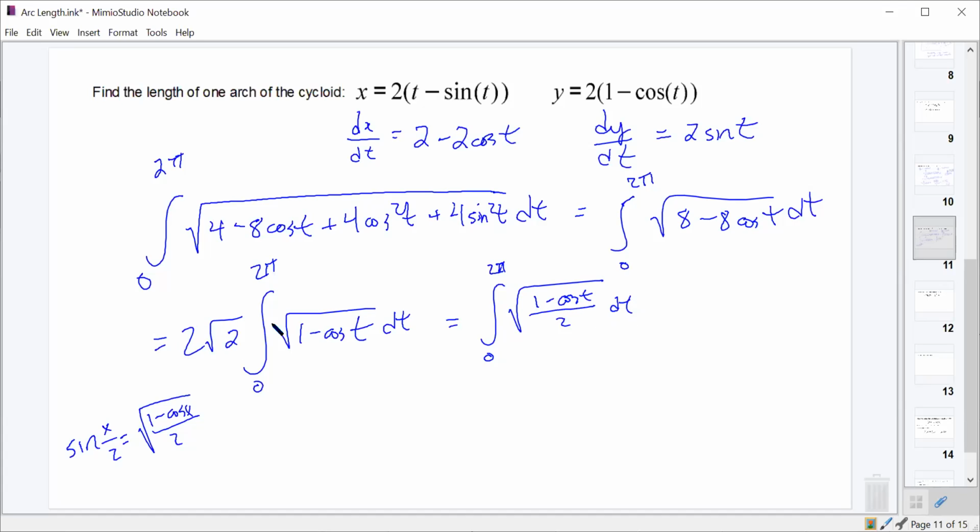I need to put out another square root of 2, which makes this a 4. And then this becomes 4 times the integral from 0 to 2 pi of sine of t over 2 dt. Everybody see that? Good with that?